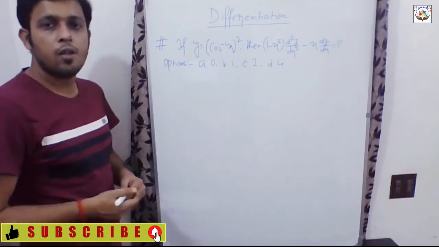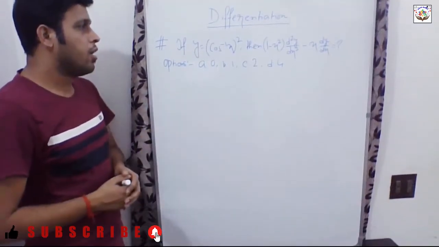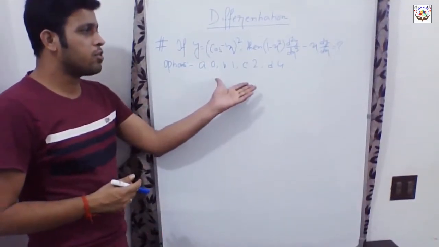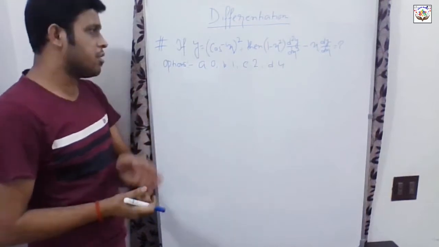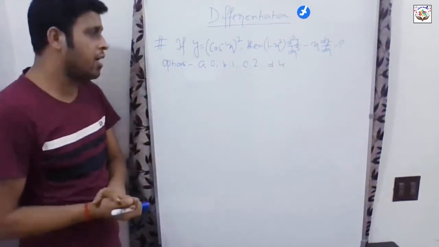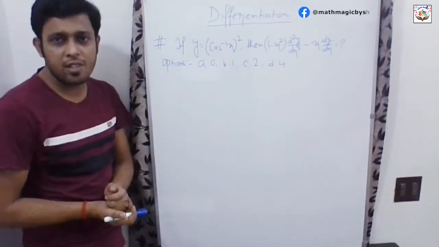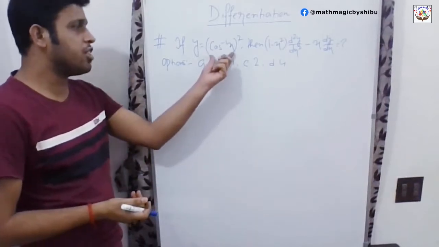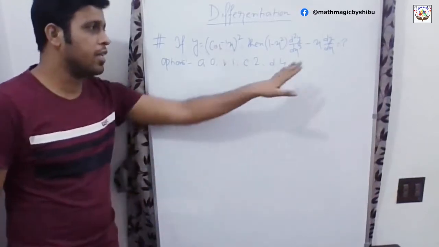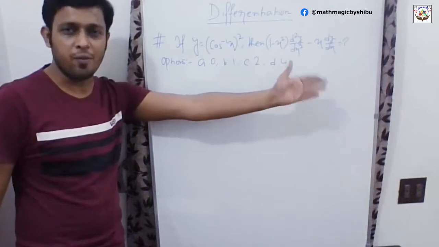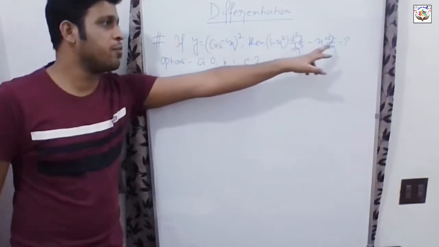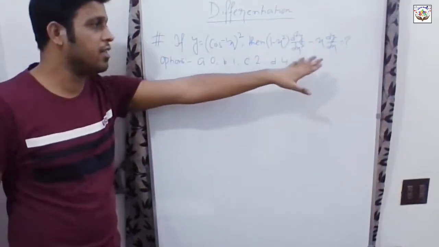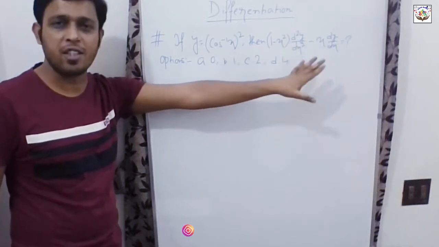Okay. So in this problem, it might look almost similar to the previous problem. In the previous problem, we had e to the power m sin inverse x, and in this problem, we have cos inverse x whole square. But the resulting expression is almost the same. In the previous problem, there is a minus ky term, and there is no minus ky of this kind here.